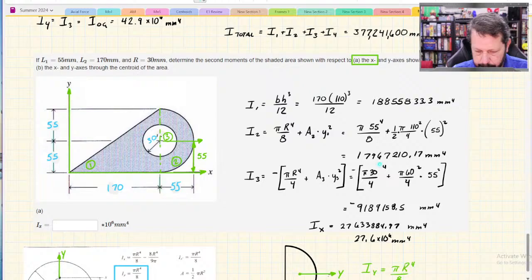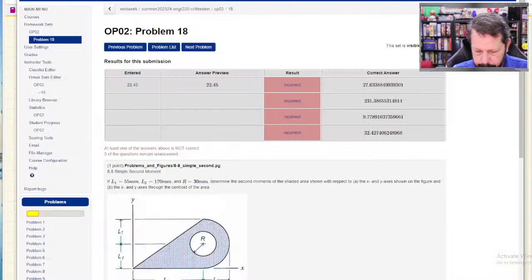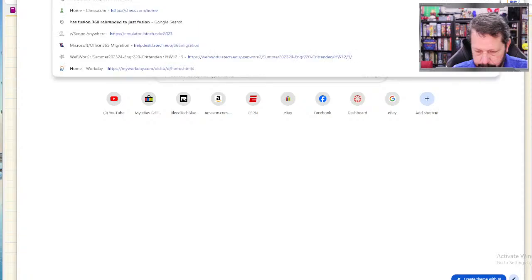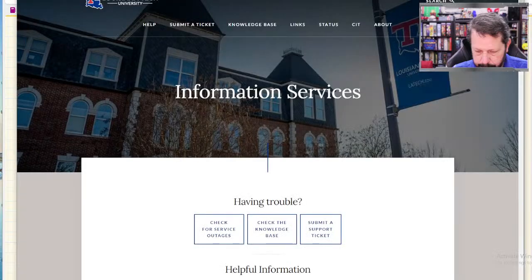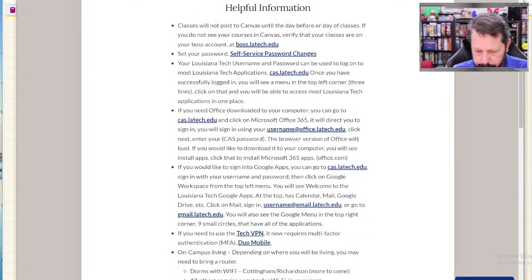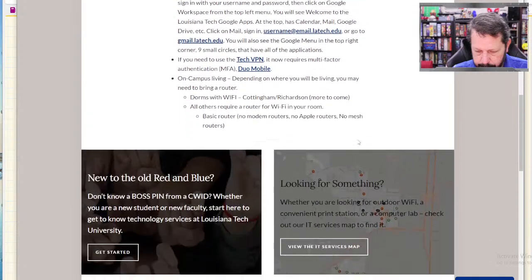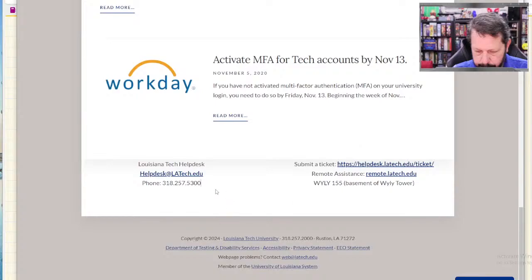Does the help desk have a phone number? Let me check quickly here. I know they do most stuff by email. There it is, 5300, or an email. Most of the stuff they do is email, but they do have a phone number, if anybody's there to answer it. I'm not 100% sure though.